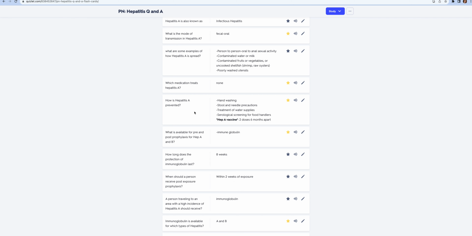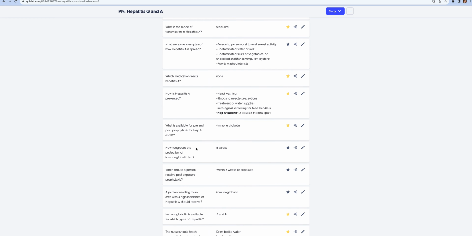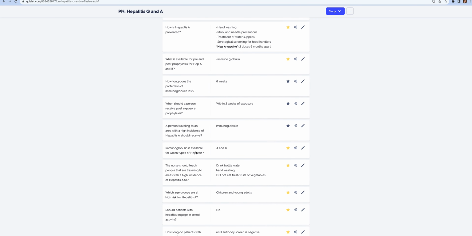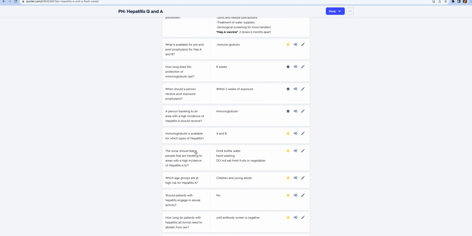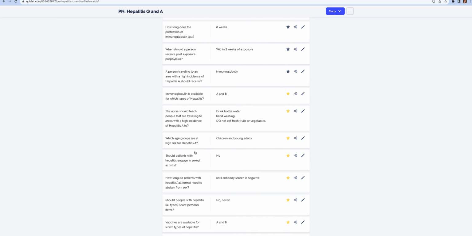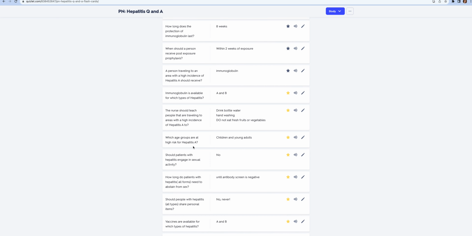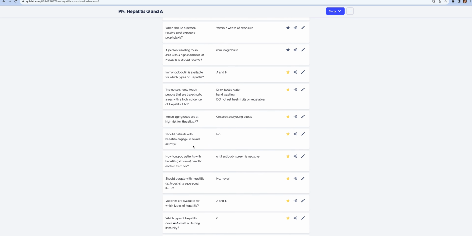Now there is prophylaxis, so immune globulin for Hep A and B. Hep A and B also have vaccines. C does not have immunoglobulin or a vaccine. So children and young adults are most prone to hepatitis A. Anybody that gets hepatitis should no longer have sexual activity.